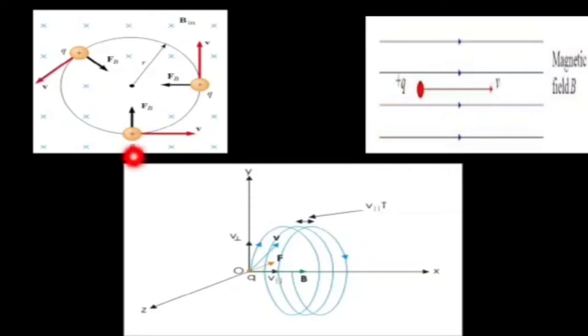Whereas we also understood in case 2 that if the velocity vector is perpendicular to our field, then the particle follows a circular path. So in the third case, our velocity has both the perpendicular and parallel components. Due to the parallel component, the particle keeps moving forward, and due to the perpendicular component, the particle follows a circular path also. So due to both of these, the path followed by the particle becomes a helical path.